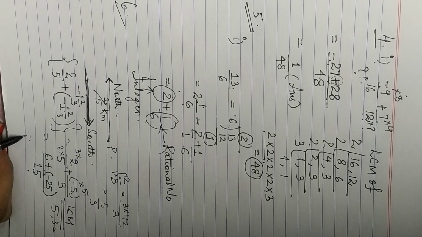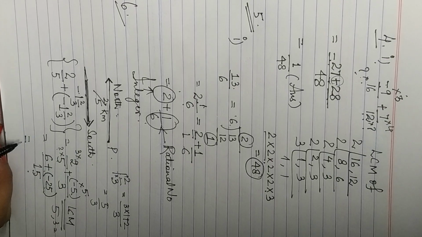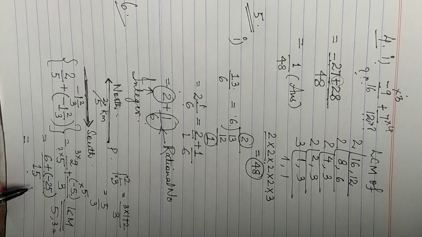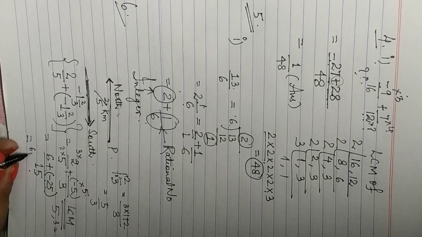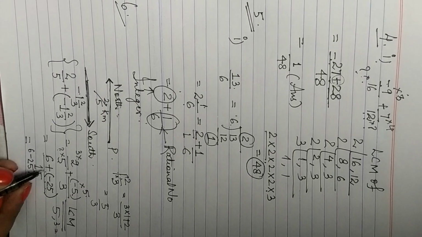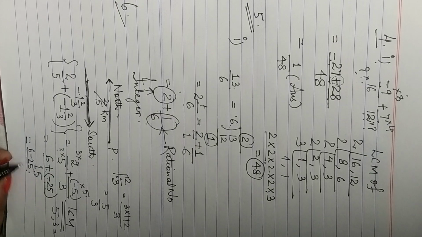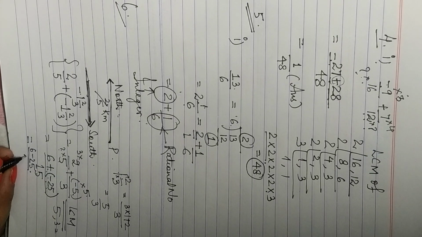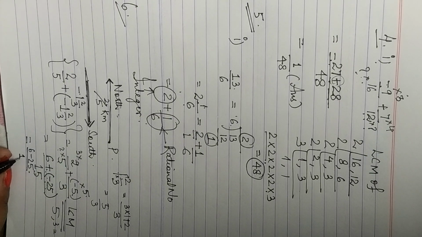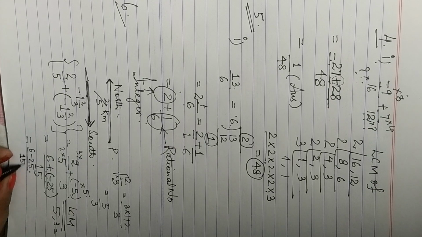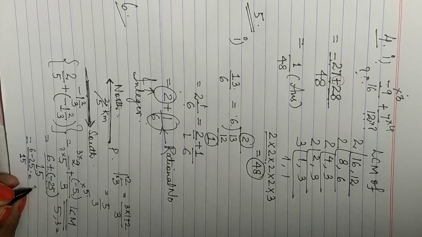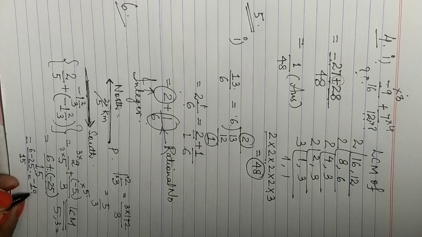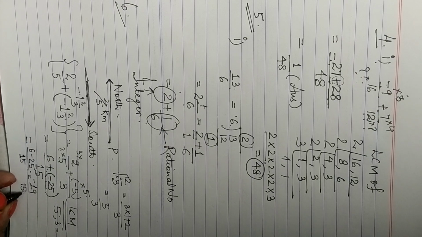That will give you the result as 6 minus 25, because plus into minus is minus. 6 minus 25 upon 15, which is minus 19 upon 15.